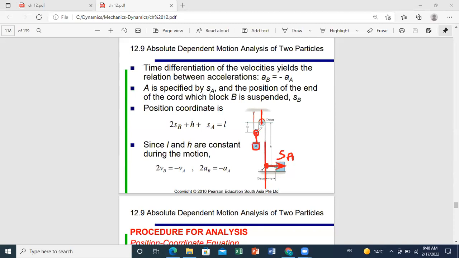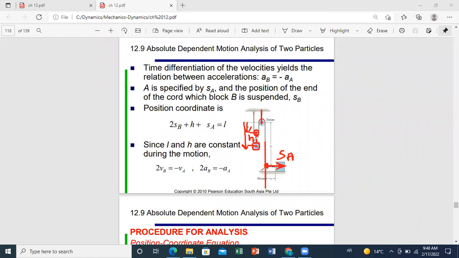So the velocity of this point here is equal to the velocity of block B. This is why we don't need one coordinate for this pulley and one coordinate for block B. We can use one coordinate for both because they are moving together. So for your second coordinate, you have two possibilities. You can take it towards the center of the pulley, or also towards the block. It doesn't matter because the difference between these two coordinates is a constant h, and whenever I derive, any constant will cancel out.